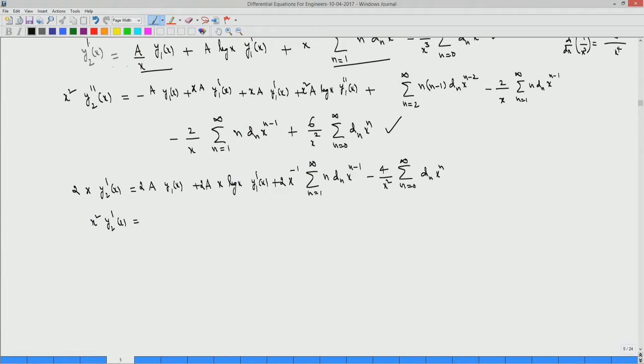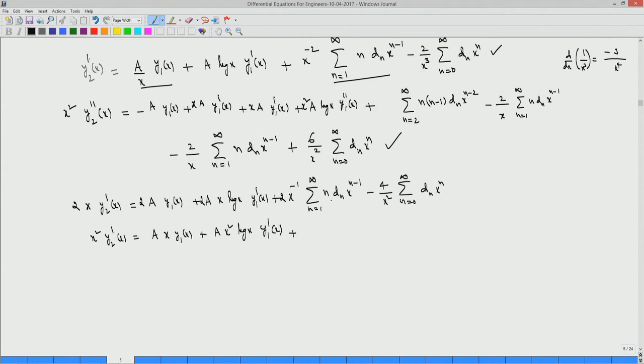Now you multiply x square to this y2 dash, and that will give you a x y1 of x plus a x square log x y1 dash of x plus, you get simply the series dn x power n minus 1 minus 2 by x sigma n is from 0 to infinity dn x power n. So these are the three things you have to substitute, and then for y into the equation.